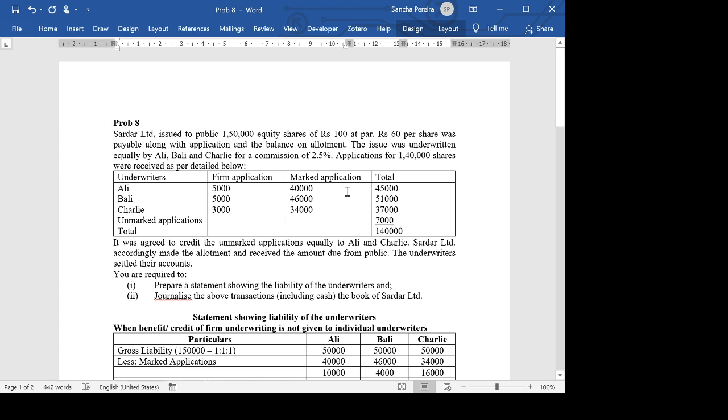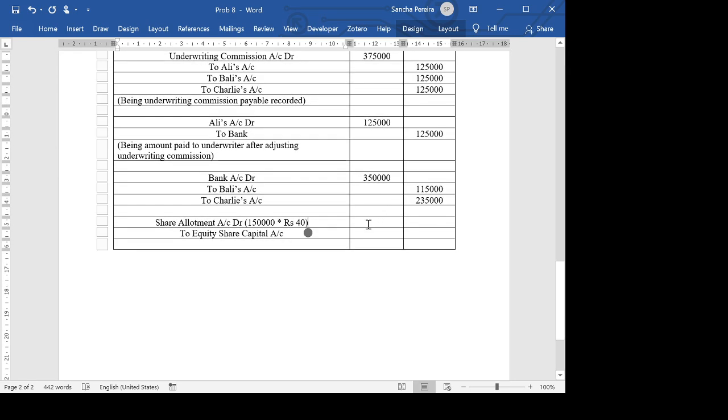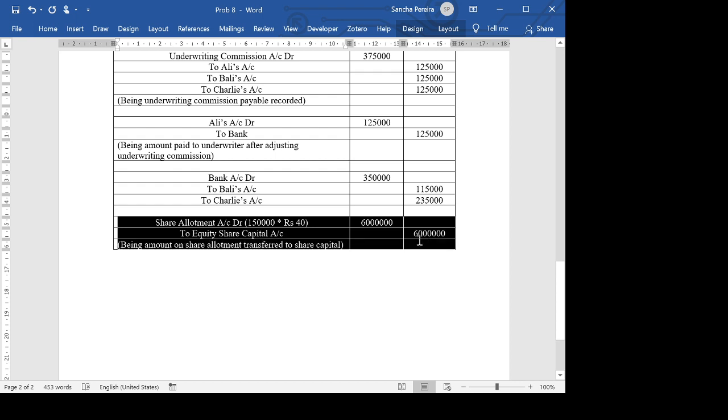So 1,50,000 into 40 is going to be 60 lakhs. 60 lakhs, and the narration will be being amount on share allotment transferred to share capital.